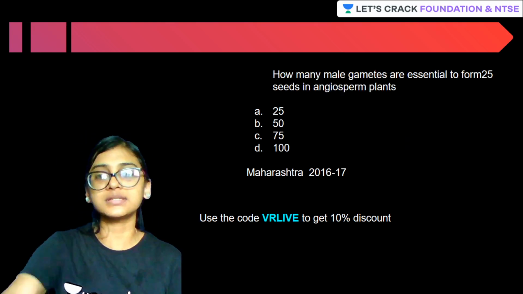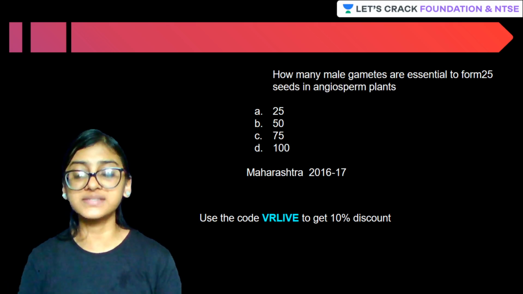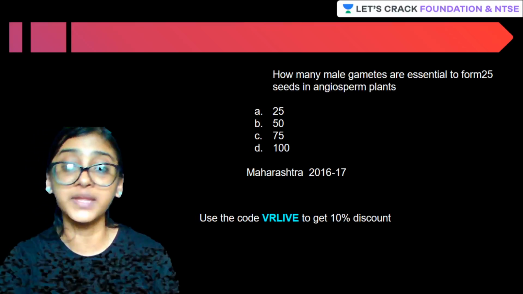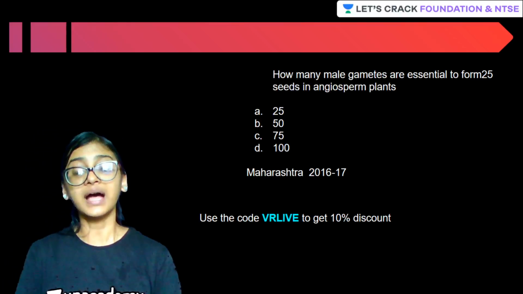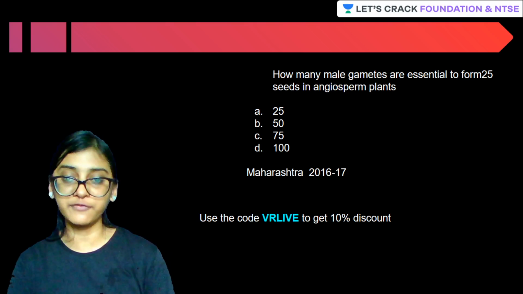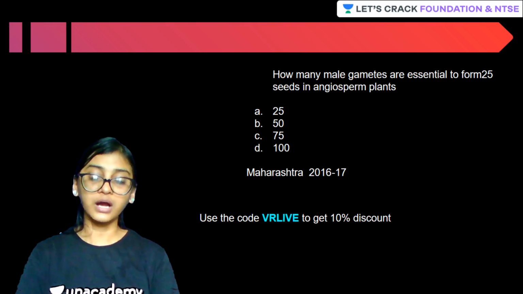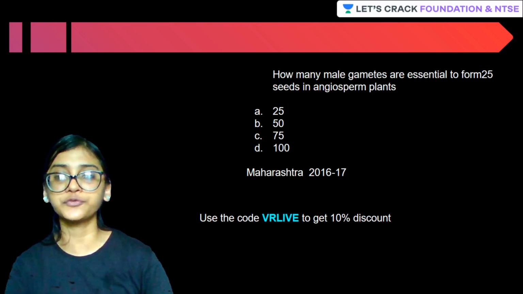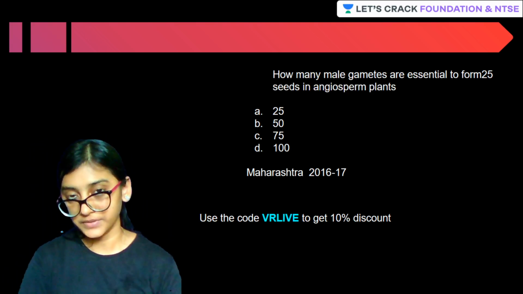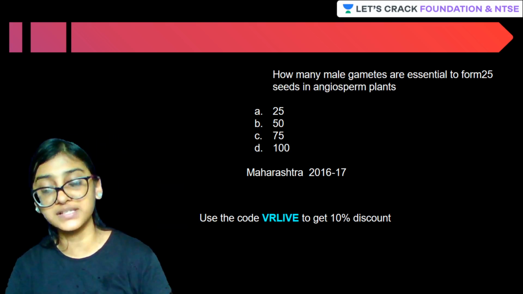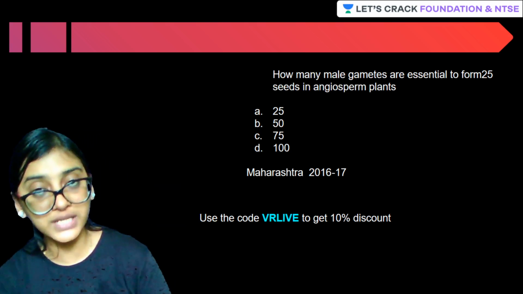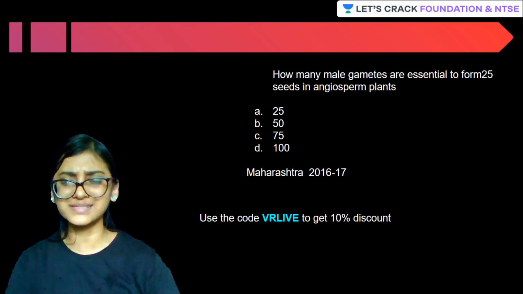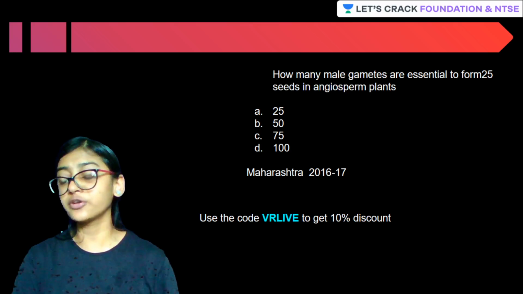Next question: how many male gametes are essential to form 25 seeds in angiosperm plants? 25, 50, 75, 100. How to go about this? If I have to see 25 seeds, how many male gametes do we require? Very easy, because we just discussed the same concepts, right? How many of you are able to answer?